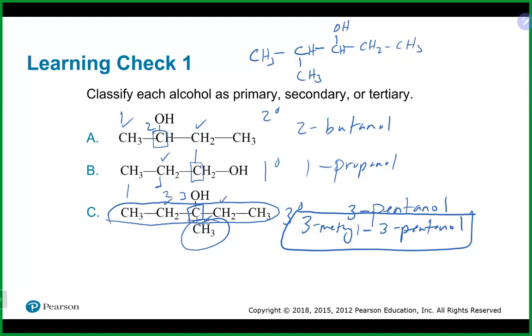What would this one be properly called? Probably. This is still 3-pentanol, right? As no matter which way you go, the OH is going to get a 3. But which way should you number it in this case? Left to right or right to left?